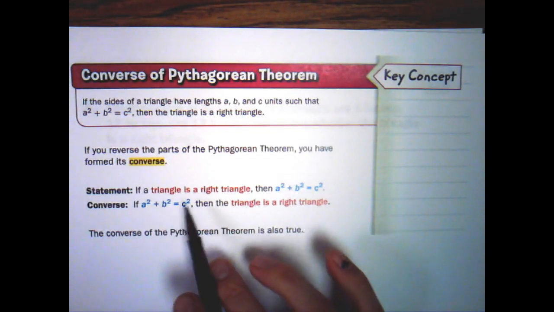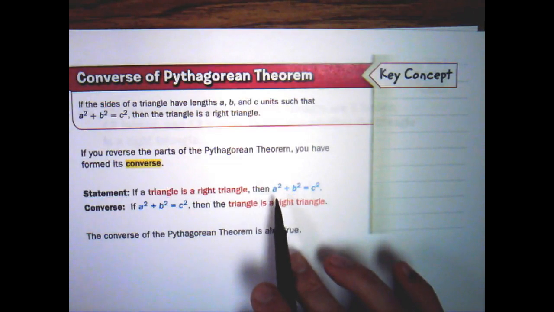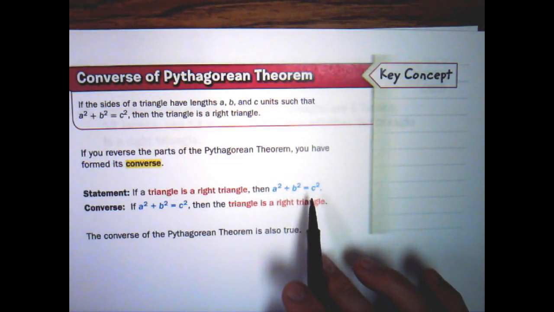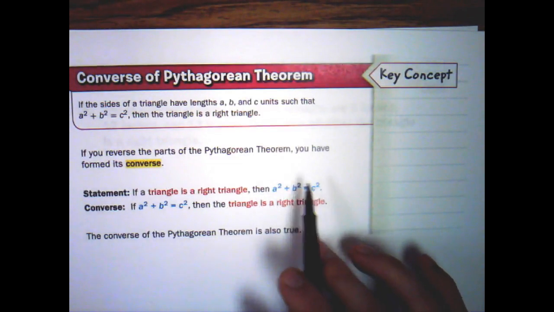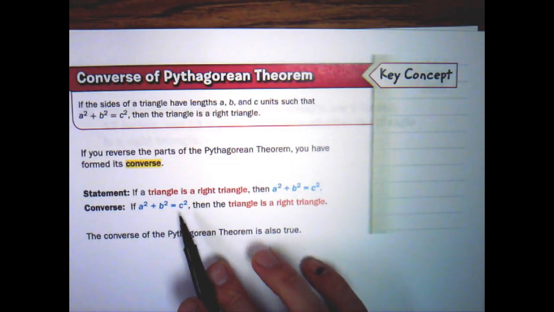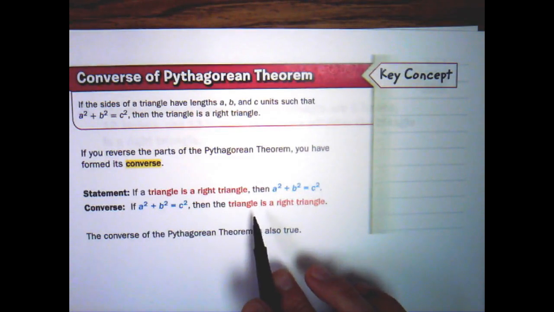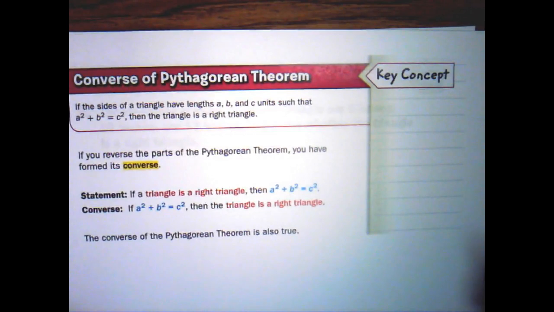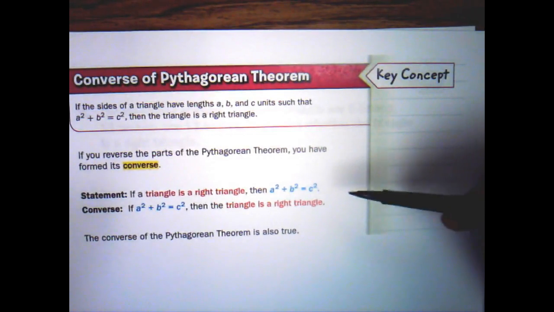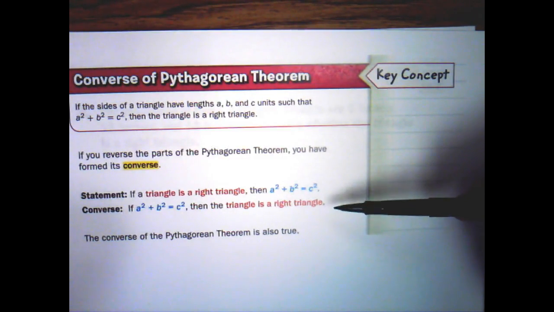So here, if a triangle is a right triangle, then a squared plus b squared equals c squared. That's what we've used so far. Now we're going to flip it around and say if a squared plus b squared equals c squared, then I know that the triangle is a right triangle. Another example of a simple logic statement where this isn't true. With the Pythagorean theorem, the original statement and its converse are true.